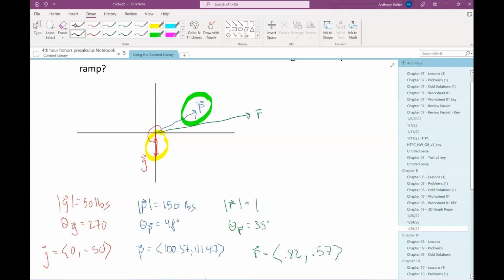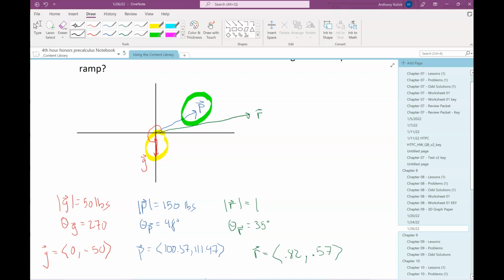Anybody else? I have a question on that. So, when you were saying you subtract the gravity by P, you would only subtract because a force pushed down. Well, if I put a crate on a ramp, and I don't interact anything else with it, it's going to slide down, right? It's going to be moving down the ramp.